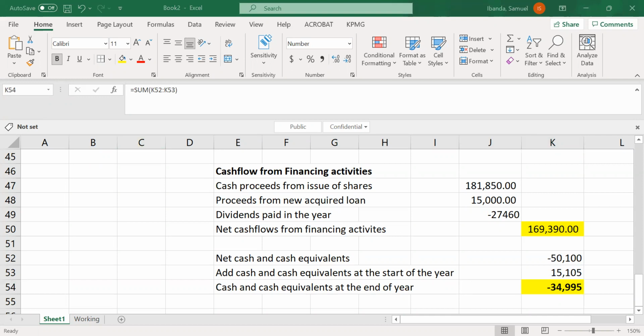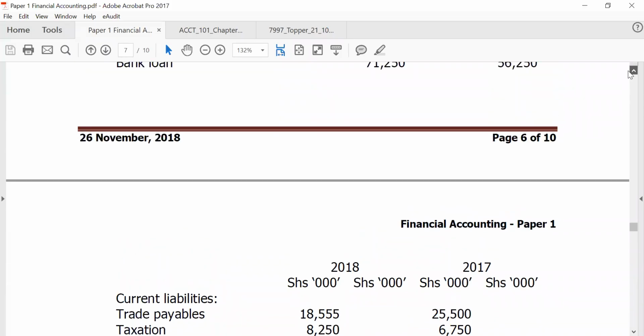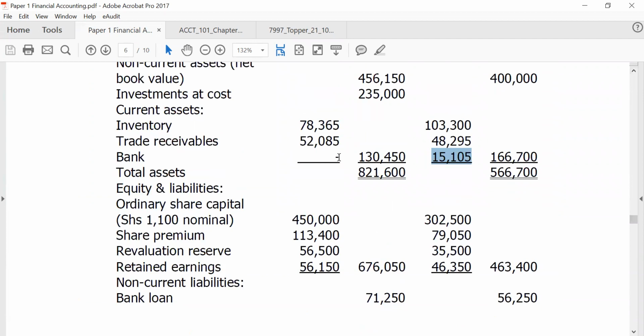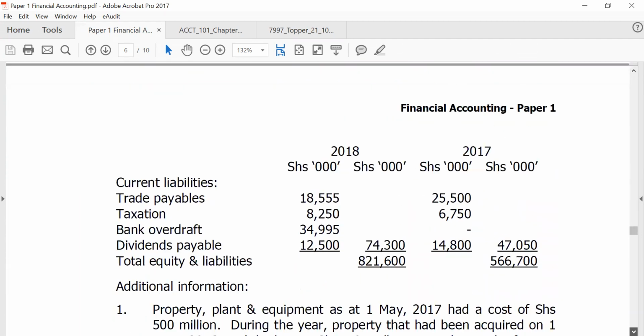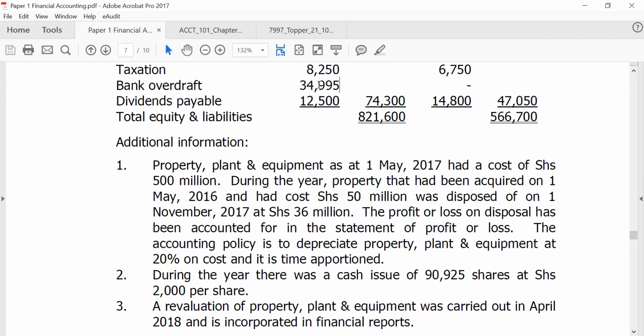So when you come to your cash and cash equivalents, remember here we said we don't have anything, but it's under liabilities. So when you come here, we see that our bank overdraft is 34,995.